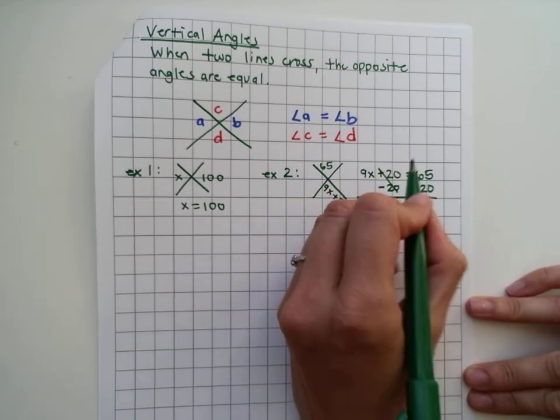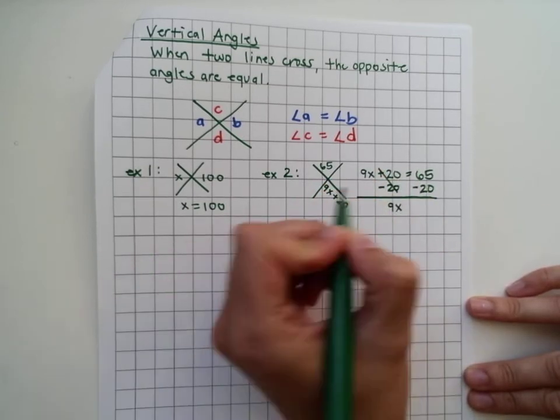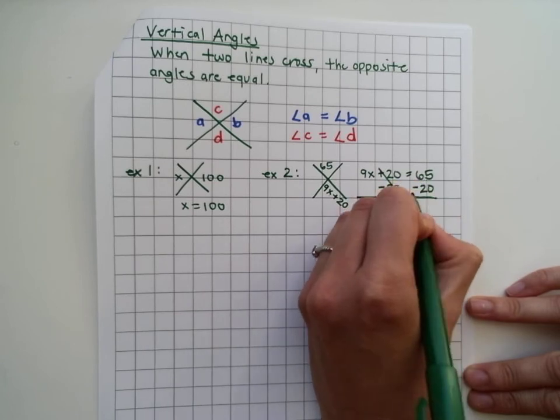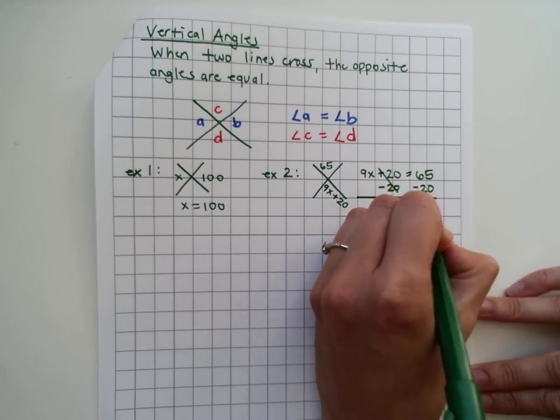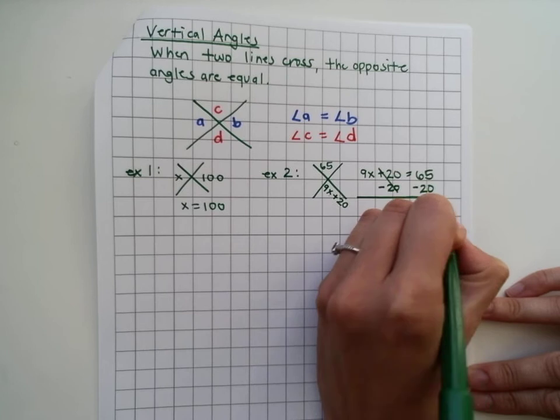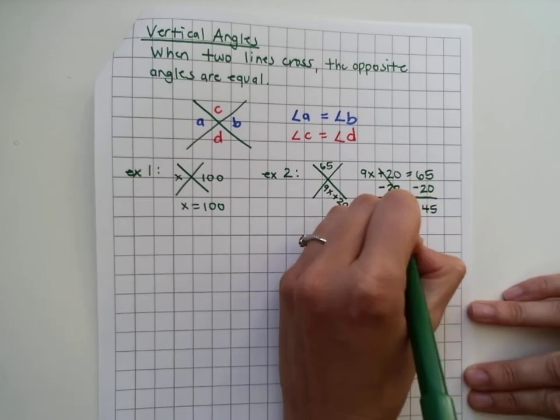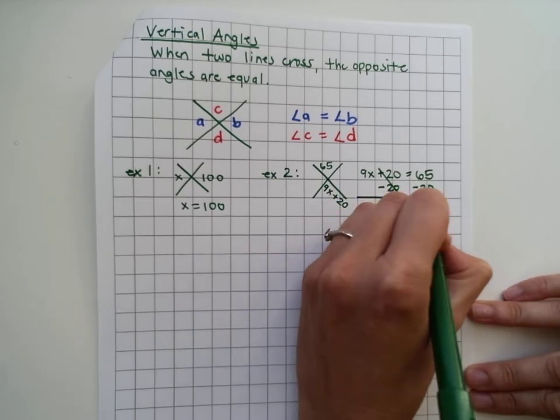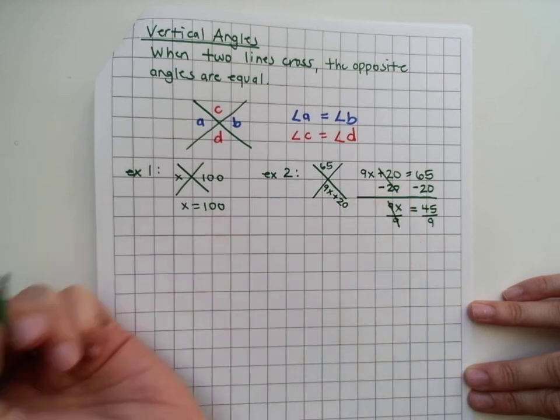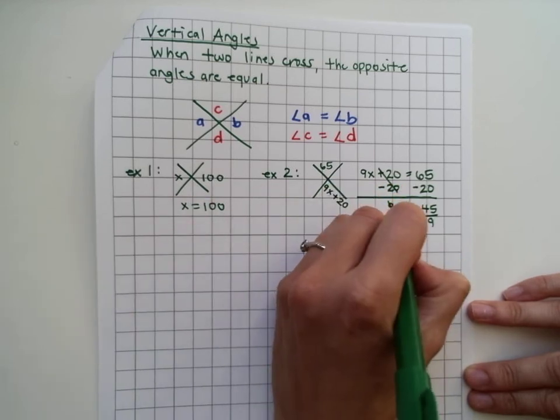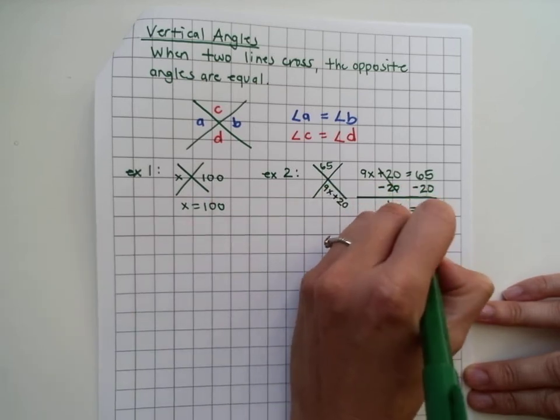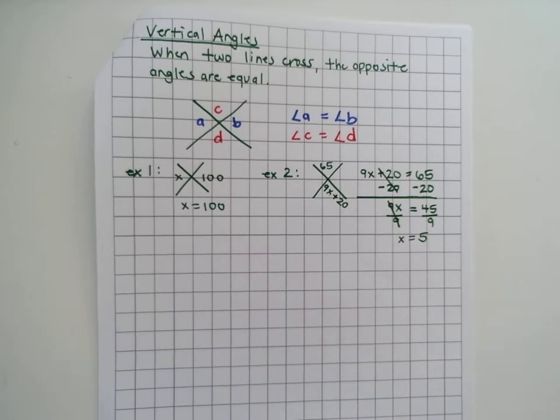Those cancel out, and we're left with 9x on the left side, which equals 65 minus 20 on the right side, which is 45. We solve for x by dividing both sides by 9, and we are left with x equals 45 divided by 9, which is 5. So x is equal to 5.